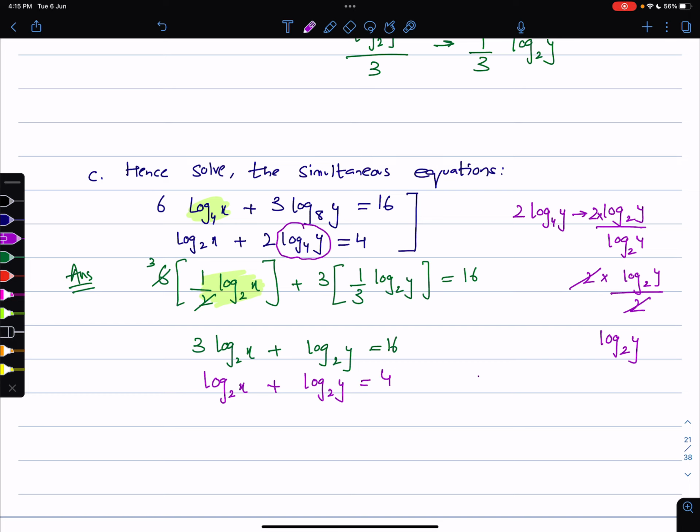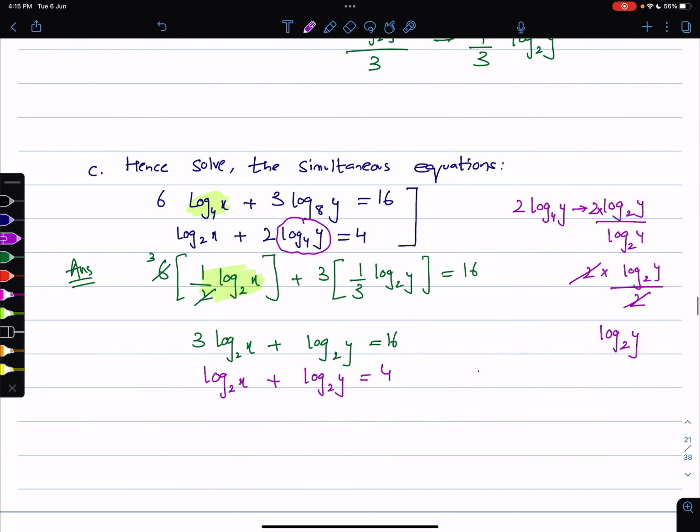Now to solve this, we can substitute log to the base 2 of x as, let's say, s, and log to the base 2 of y as t. So our equations become 3s plus t equals 16 and s plus t equals 4.